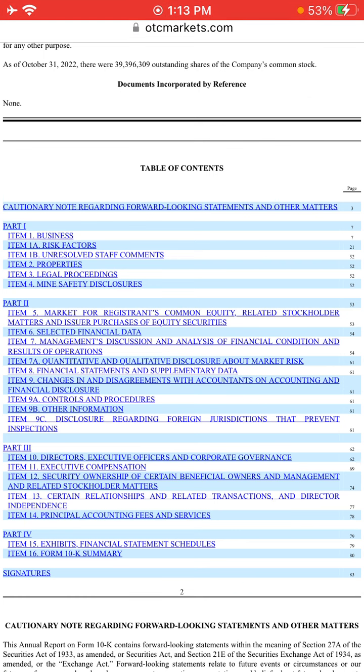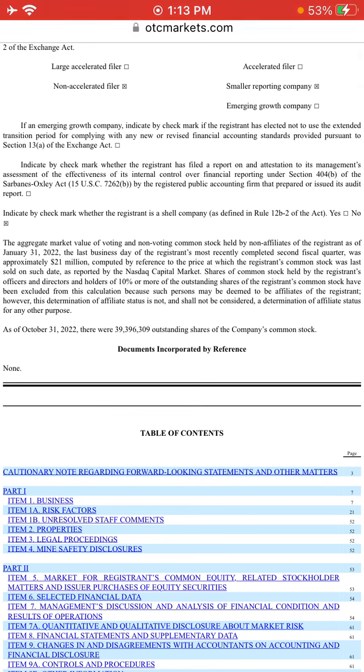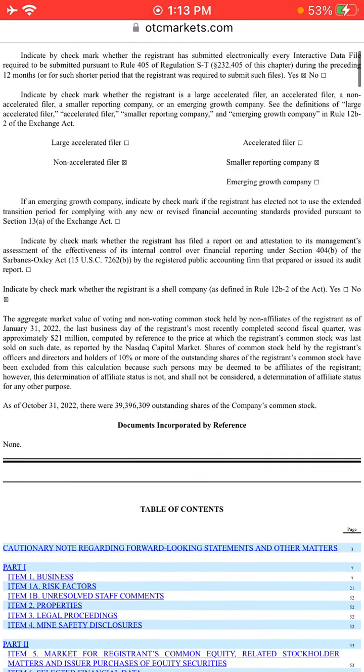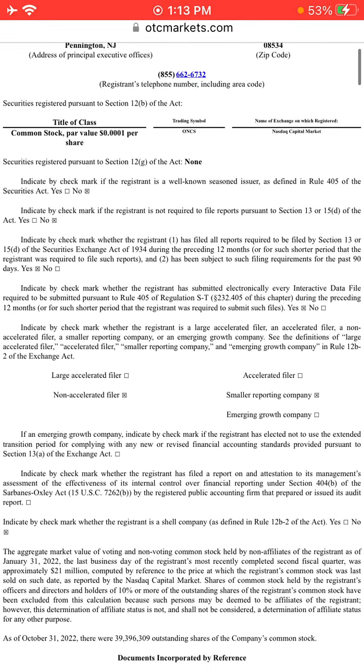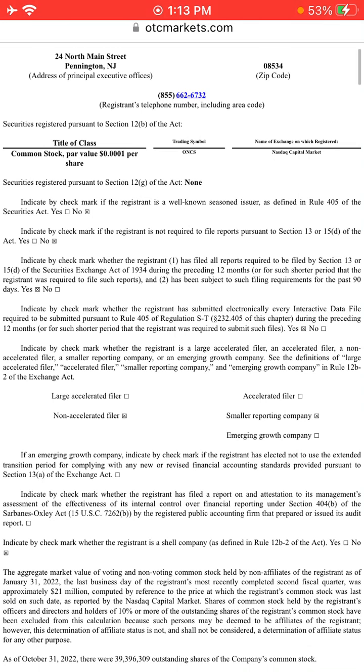And so sometimes they'll do a reverse split. And so if the stock does a reverse split after the most recent 10K or 10Q, this float won't be accurate.